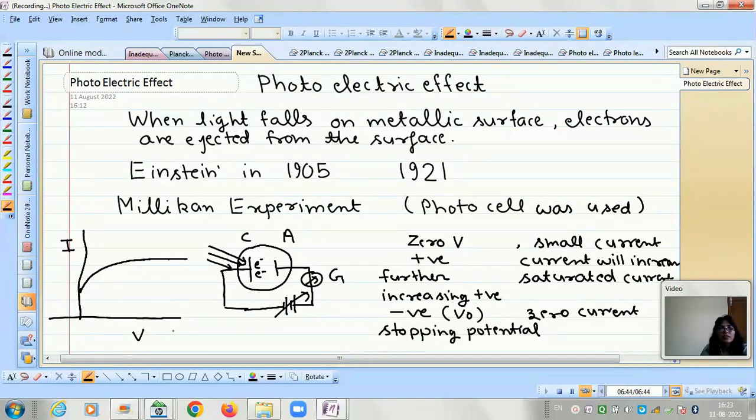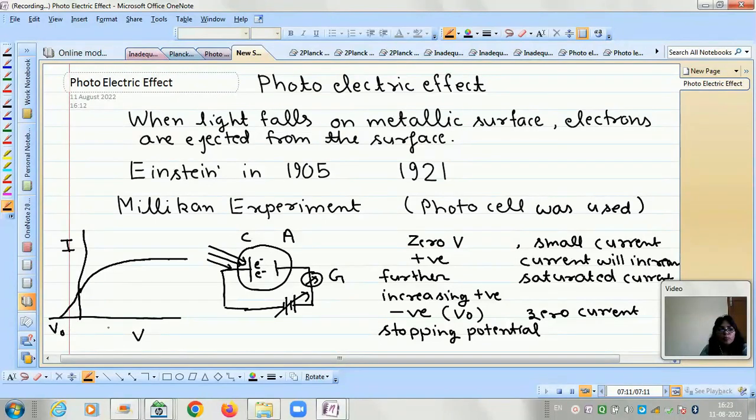If we further increase the potential in the positive direction, there is no change in the current. Now if we apply the negative potential, the reverse potential, the current will decrease, and the current will become zero at a certain negative potential, which is the stopping potential.